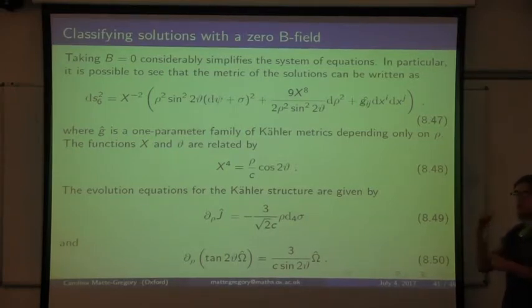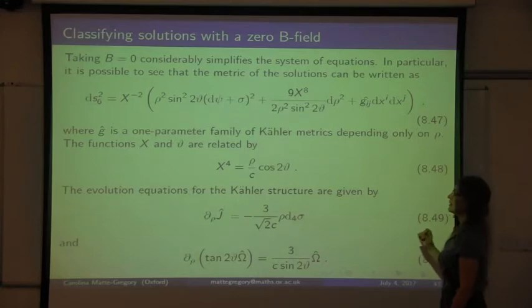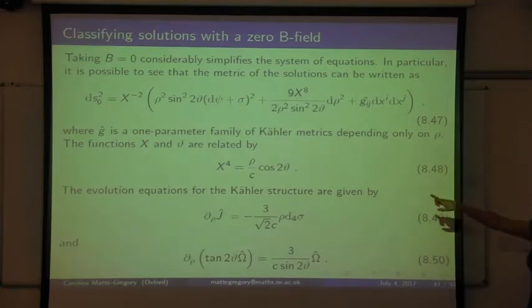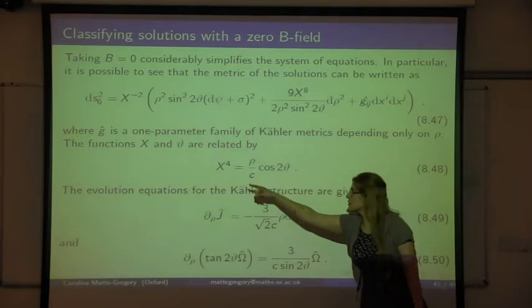And also from these differential constraints, I can get this relation. So this is a constant. And this relates then this rho that is in my radial direction, and this is from this structure and my X field.